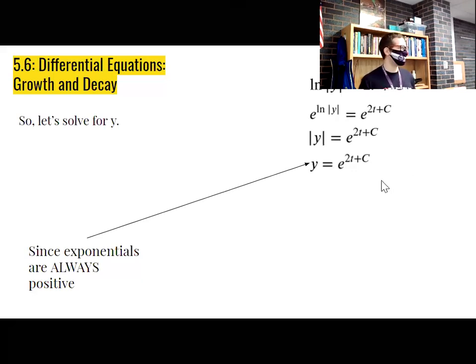All right, well, at this point, we've solved for y. But this side, we can simplify a little bit. In fact, what we're doing to simplify it is rewriting it using the laws of exponents. Because remember, when you have 2 to the 3rd times 2 to the 7th, that's equal to 2 to the 10th because it's 2 to the 3 plus 7.